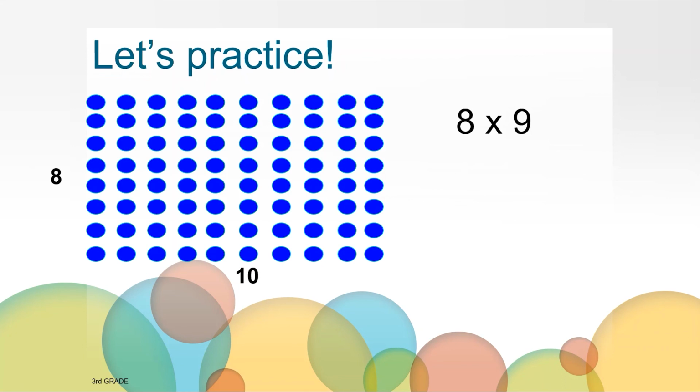Here's how you might have thought about it using the strategy that we've been practicing today. This strategy focuses on using our knowledge of 10. For 8 times 9, we think about 8 times 10, which is 80. Take off one group of 8 to get to 72. Therefore, 8 times 9, or 9 times 8, is 72.